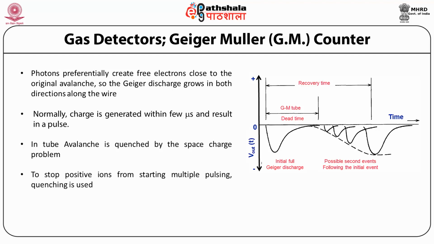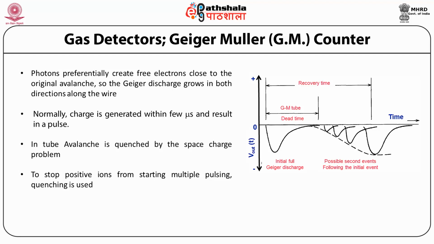To stop positive ions from starting multiple pulsing, quenching is used. As we have seen, because of the space charge problem the number of ions created is very large. To avoid this large number of charged ions creating further avalanches, a quenching process has to be applied. That is, they need to be neutralized.